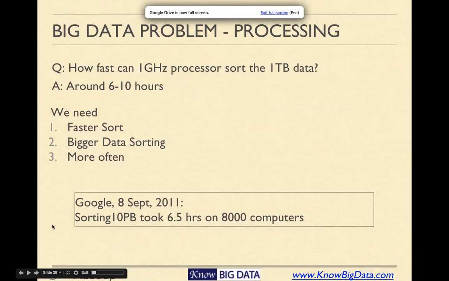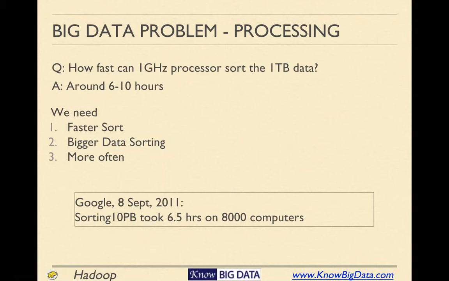earlier we talked about why we need big data, also known as distributed computing. And then we talked about a distributed file system called HDFS, where the files are sliced into small pieces and distributed on multiple computers. Then we talked about a problem of processing. Processing could be anything.